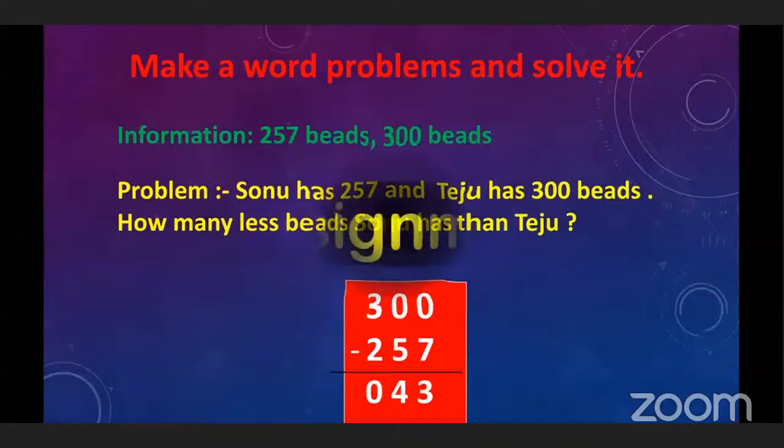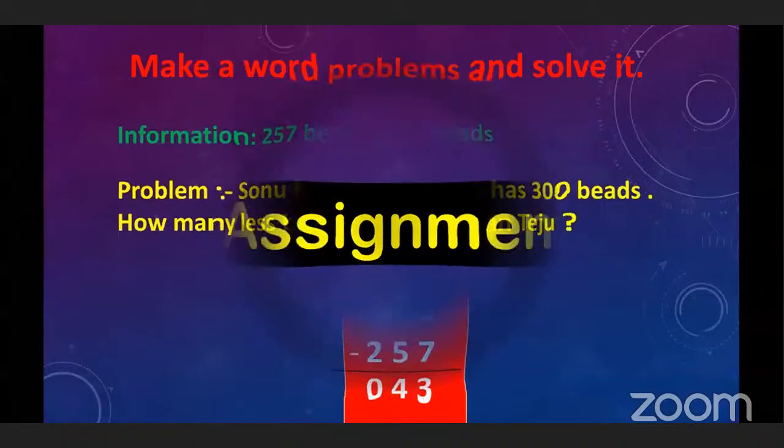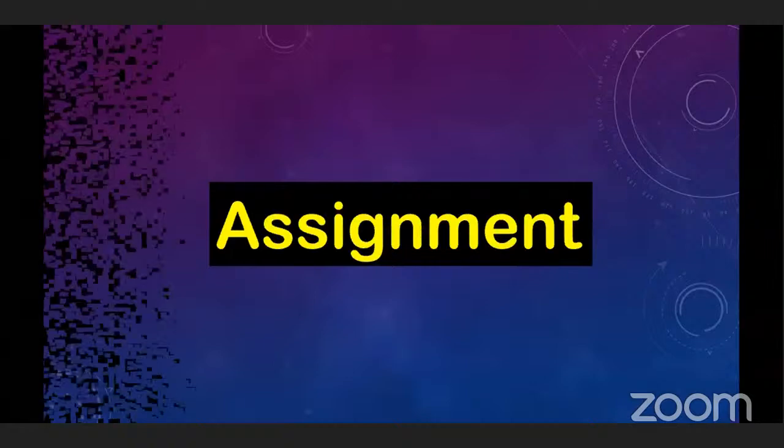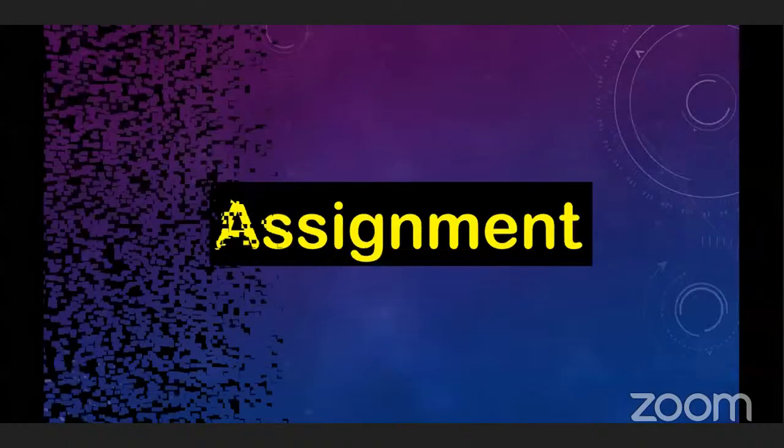So students, let's proceed to today's last thing: what you are going to do in the assignment. You have to frame word problems from your textbook, which already has this kind of question on page number 59.